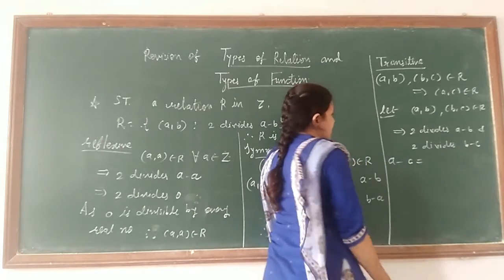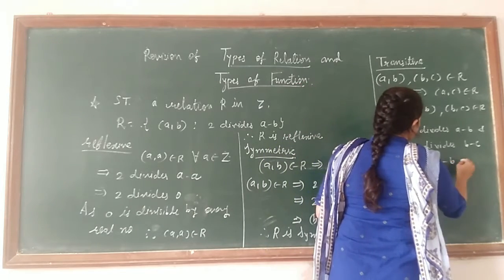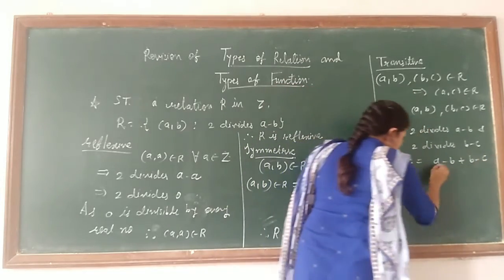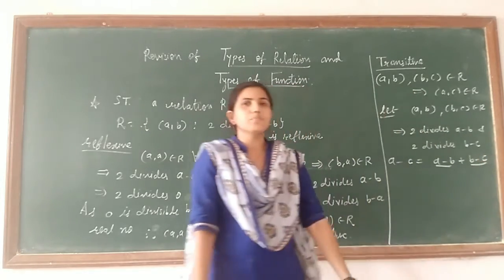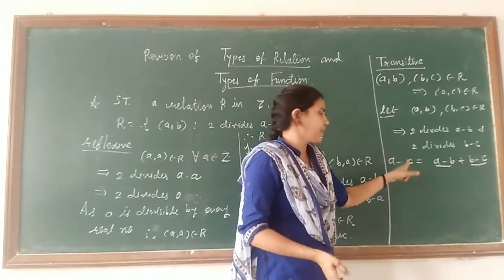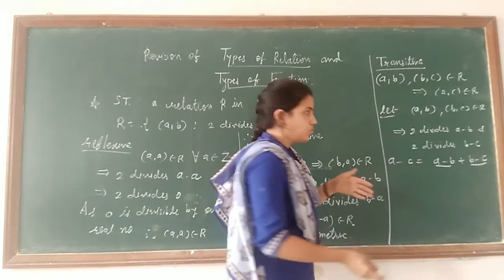So what can a minus c be? It is a minus b plus b minus c. Remember, if two numbers are divisible by 2, then their addition or subtraction will also be divisible by 2.